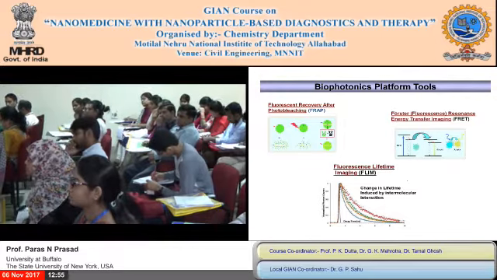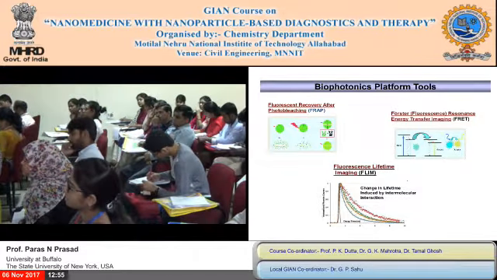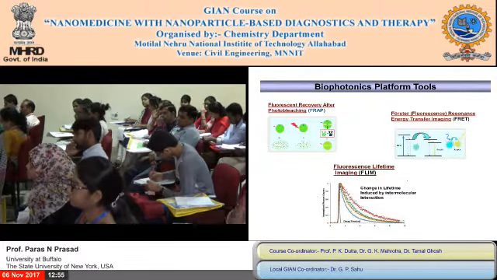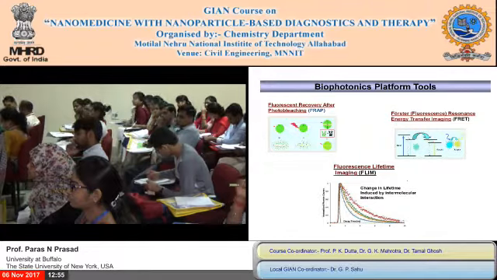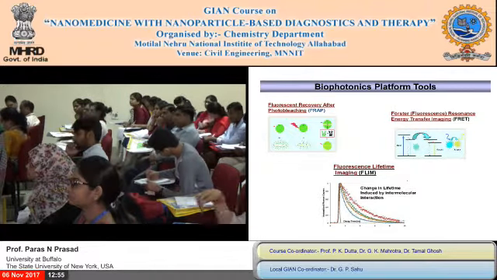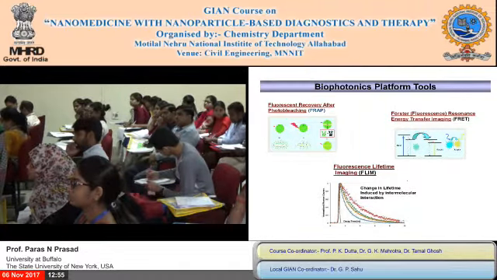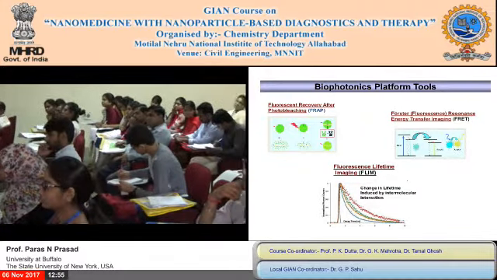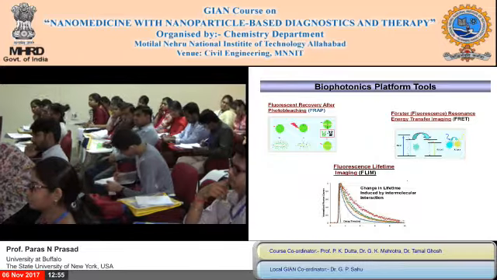If you have embedded a nanoparticle that has fluorescence, or you're looking at the intrinsic fluorescence of NADH or some biological component, the lifetime decay of fluorescence depends on its microenvironment.